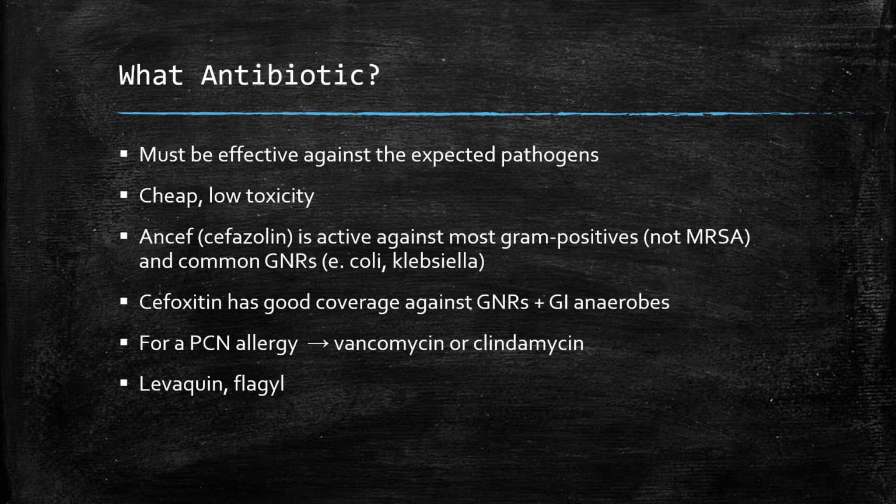Cefoxitin is a second-generation cephalosporin that has very good coverage against gram-negative rods and Bacteroides species, so it's a good choice for colon surgery and appendectomies. If a patient has a documented penicillin allergy, then vancomycin or clindamycin could be substituted for Ancef, and Levaquin and Flagyl is a good substitute for cefoxitin.